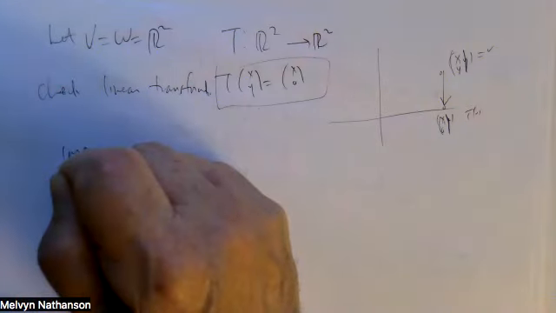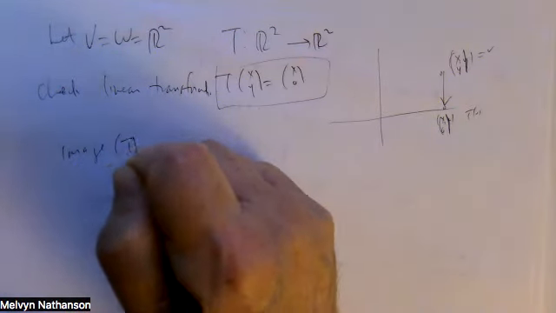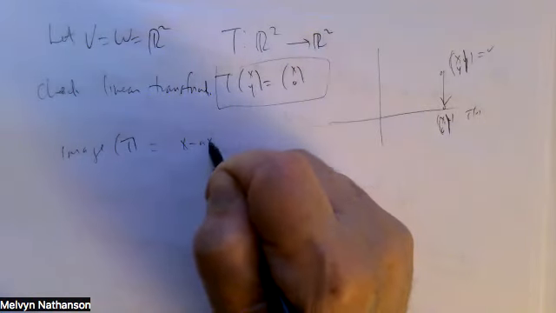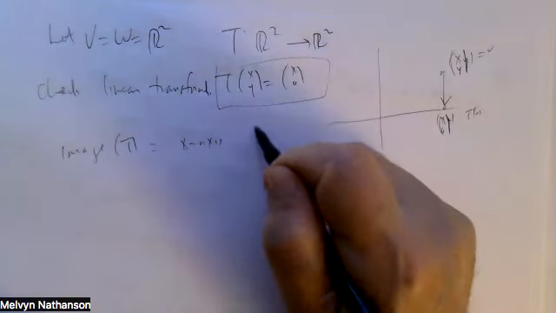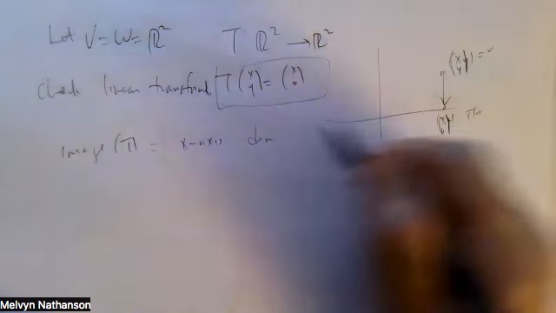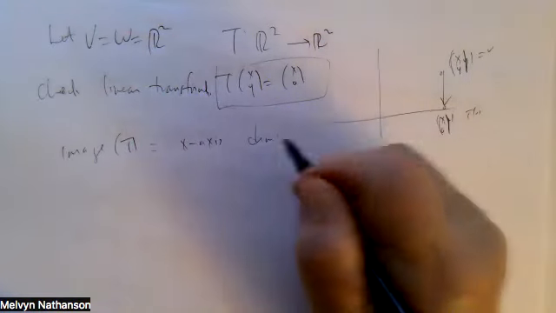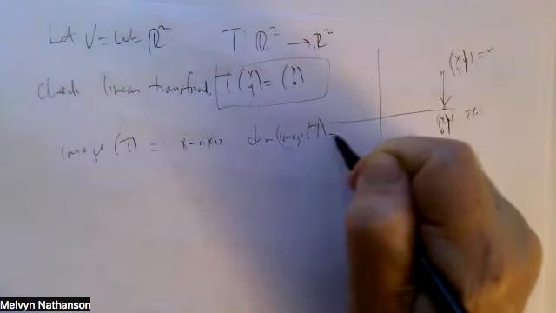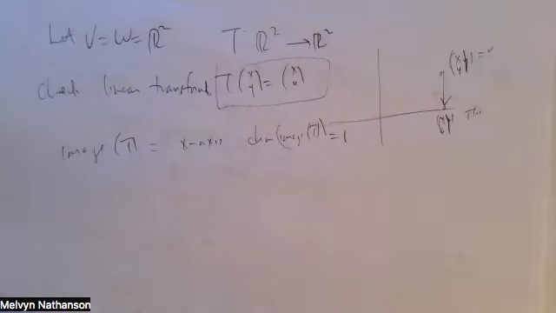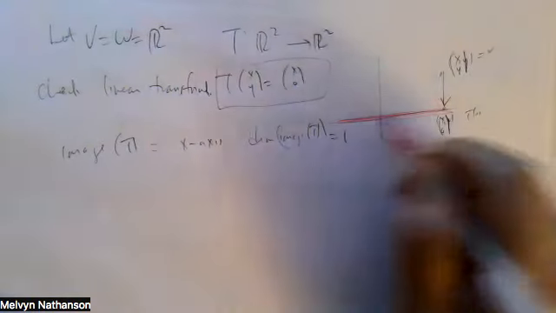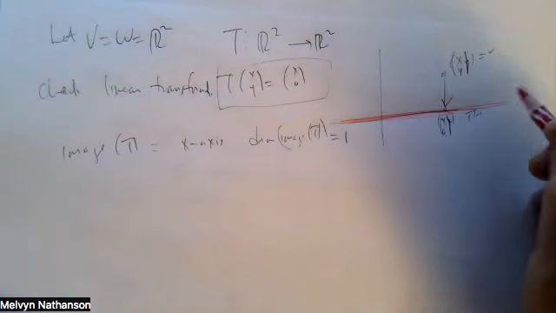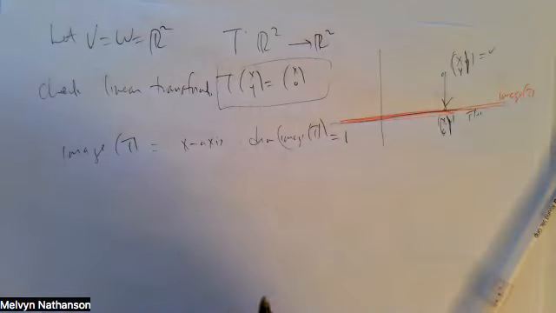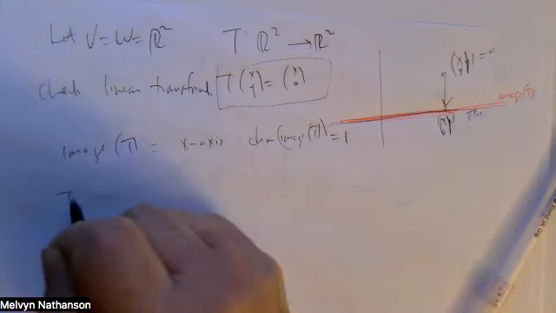So the image of T is the x-axis. And the dimension of the x-axis, that's just a one-dimensional space, so the dimension of the image of T is 1. This red line is the image of T. And what is the kernel of T?